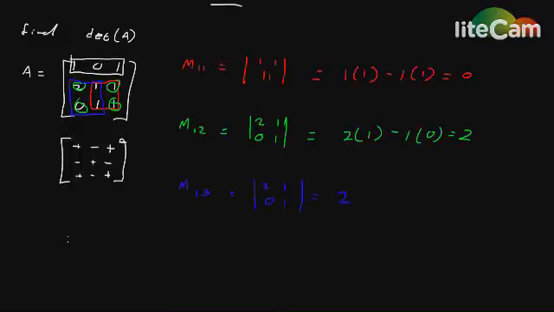So the determinant of A is equal to plus M11 minus M12 plus M13, which is equal to plus 0 minus 2 plus 2, so the determinant is equal to 0.